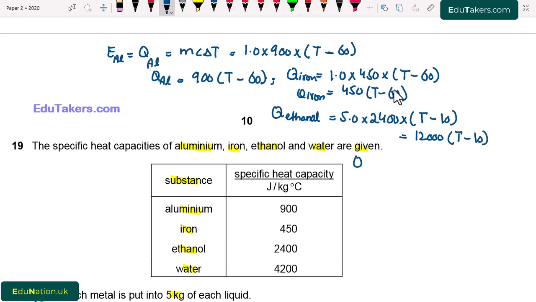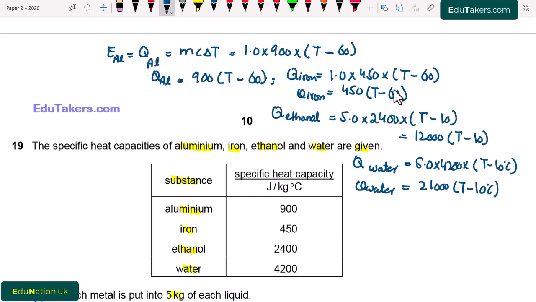Next we find out the heat for water. Mass is 5.0 multiplied by 4200 and temperature is T minus 10 degrees C. Then Q water will be equal to 21,000(T − 10). So here we have found the heat for all of these substances.